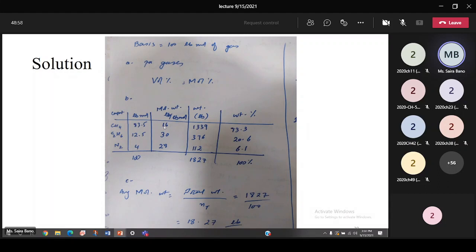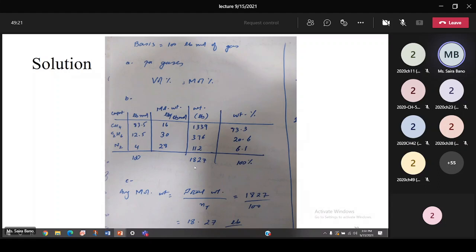Then molar masses of individual components, methane ki 16, ethane, and nitrogen. Since I am using pound moles here, so I have written the molar masses in pounds per pound moles. Next, you have to find the weight of individual component. Just multiply the pound moles of every component by its molar mass and you will get the weight of individual components.